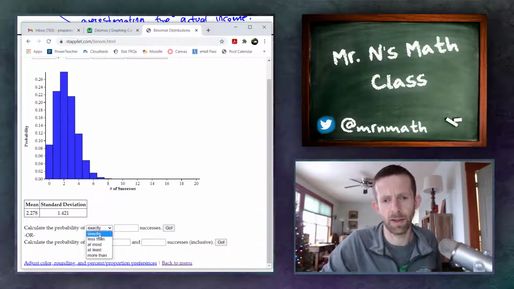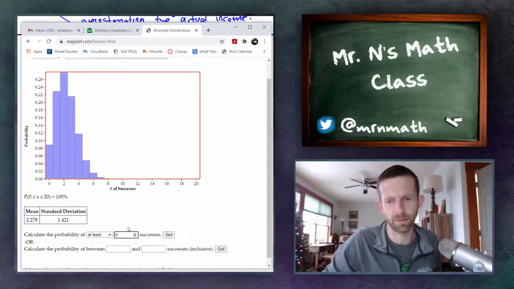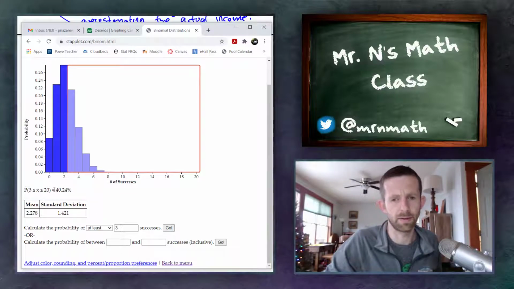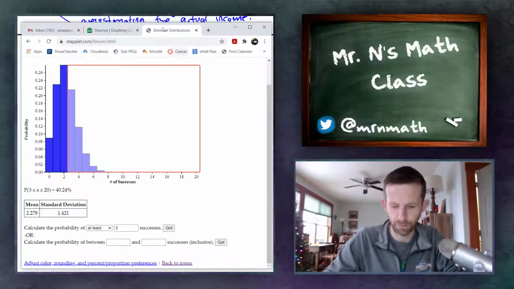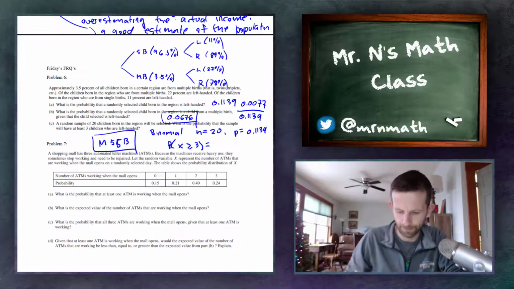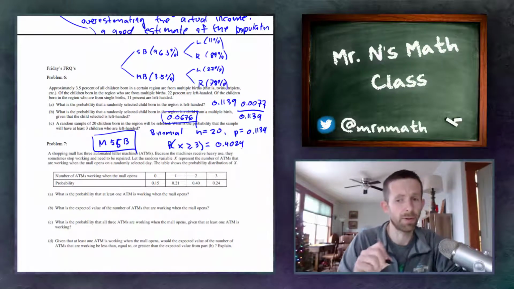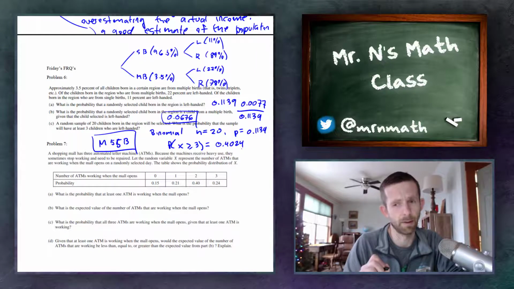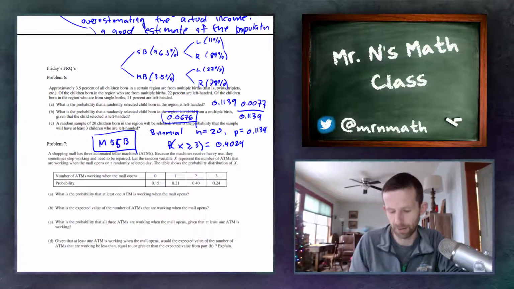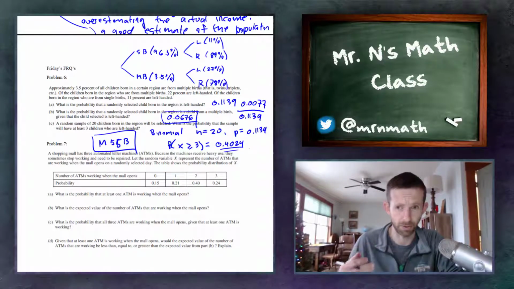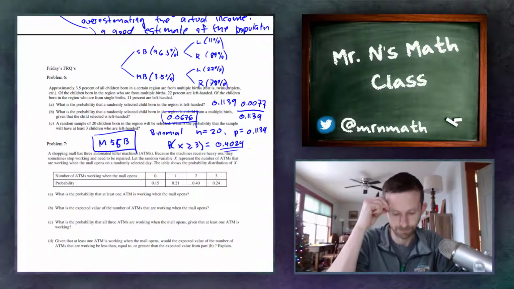The probability that at least 3 successes, the probability of that is 0.4024. But again, know how to do this on the TI Inspire. But like this is the answer you should get. So you should look up how to do that and practice it.